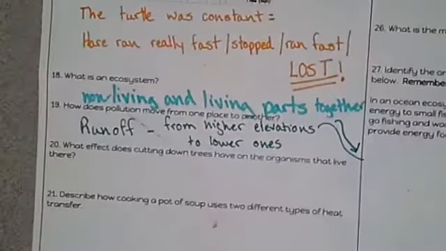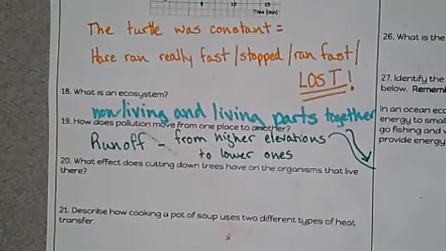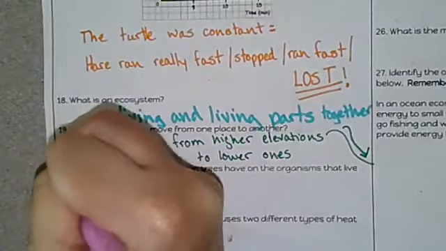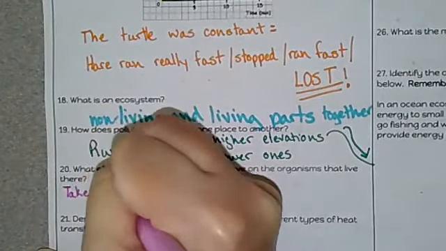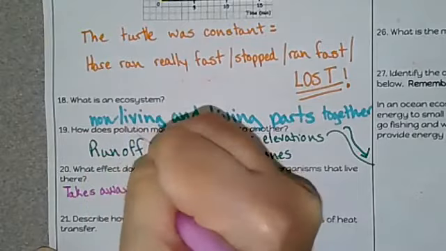All right, what effect will cutting down the trees have on the organisms that live there? Okay, if you cut down the trees, what's gonna happen, Liam? That word he used, habitat. If they don't have their house, they live in the trees. You cut down the trees, where are they gonna live? Okay, so it takes away their habitat.